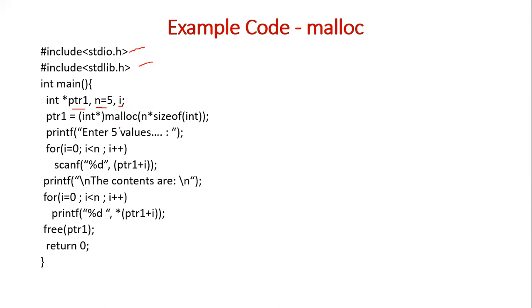What we are doing is allocating memory. Let us first understand what will happen when this statement is executed. Some memory will be allocated for ptr1. Say the address is 2000. ptr1 is a pointer.